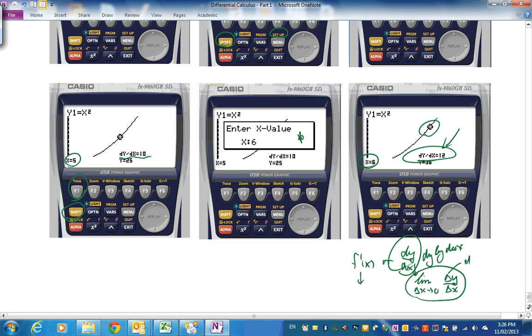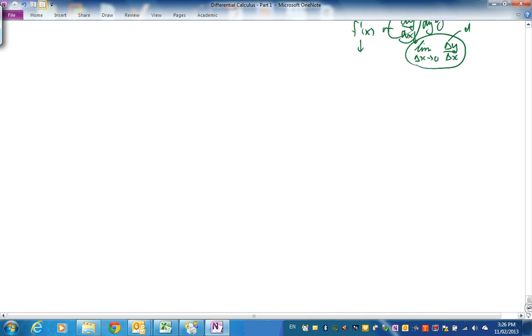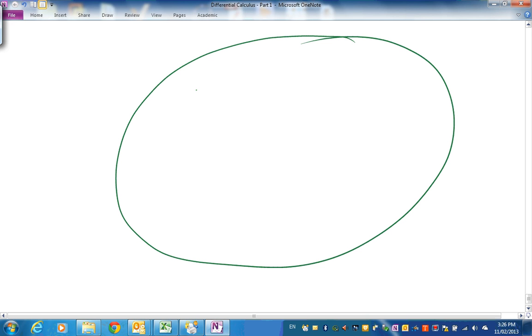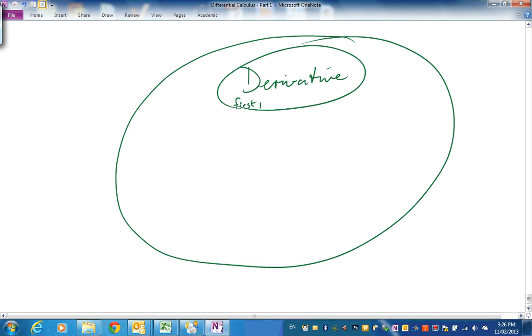All right, well, what I want to do now is just to give you what I call an important trichotomy. So out of Newton and Leibniz work, what are we going to get? We're going to get the derivative. Later on we'll find rules. We don't want to go through all this long first principles. So we're going to get the derivative from first principles like we've just done, or later we might use some sort of patterning or rule.